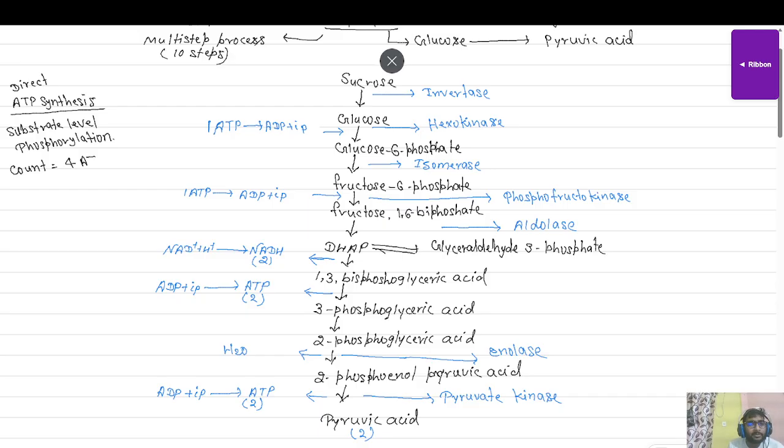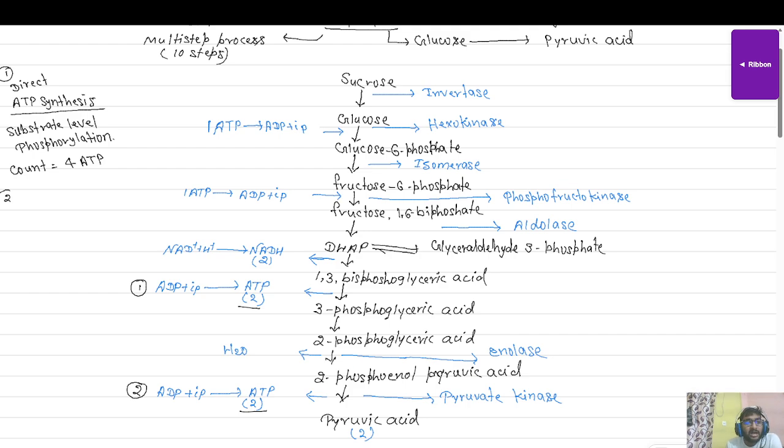How 4 ATP? Because one is this process where it occurs, and this is the second process where the ATPs are formed. So total 4 ATP, 2 ATP and 2 ATP, is synthesized in this direct ATP synthesis process. So this is the first point.